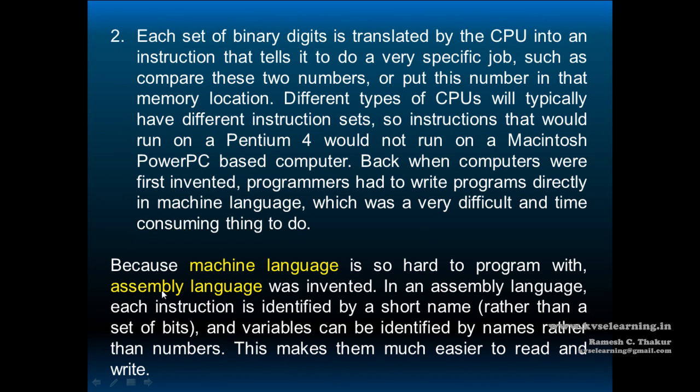So the concept of assembly language was invented. In assembly language, each instruction is identified by a short name rather than a set of bits, and variables can be identified by names rather than numbers. This makes them much easier to read and write.